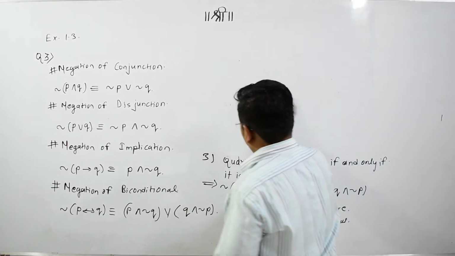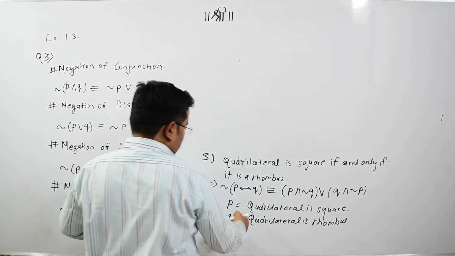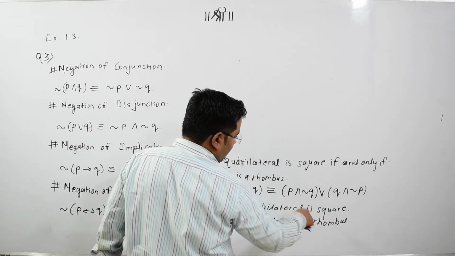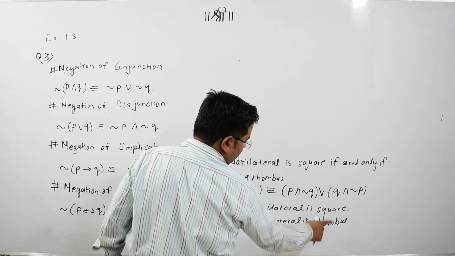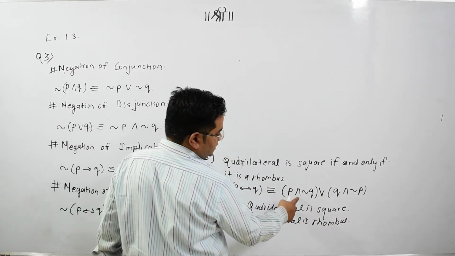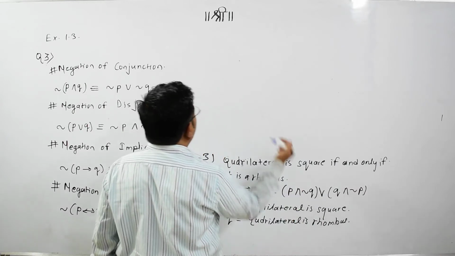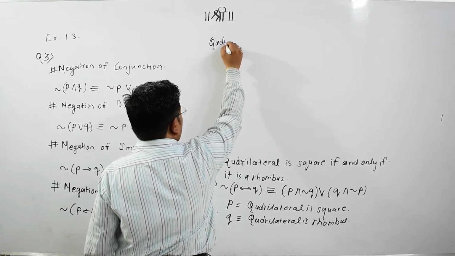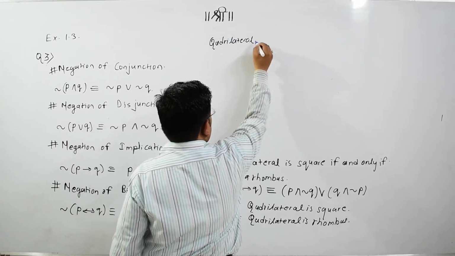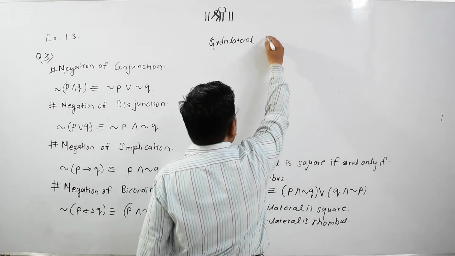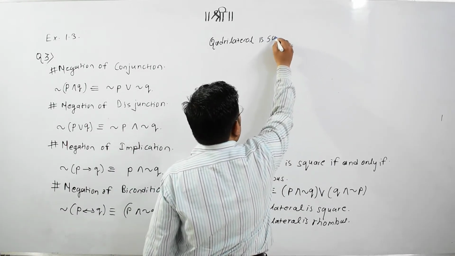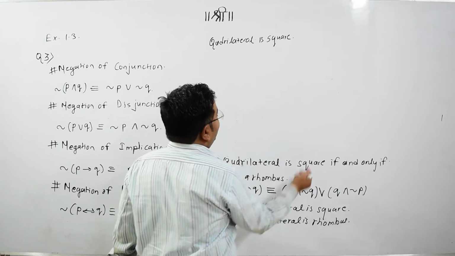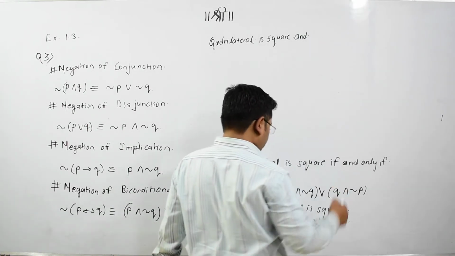Okay, now what is that parameter? First parameter is what? P. P means what? Quadrilateral is square and it is not rhombus. First thing, quadrilateral is square, and so I will perform this statement directly. Okay, so quadrilateral is square, most important, and we need to use this and what is next?